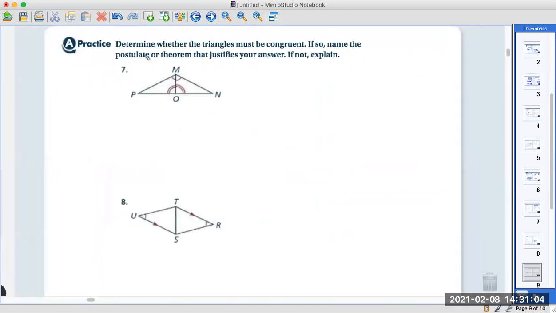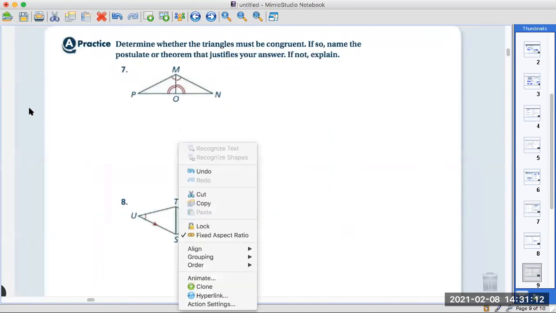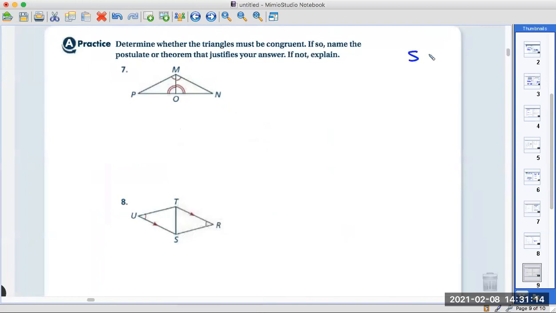So it's asking, determine whether the triangles must be congruent. If so, name the postulate or theorem that justifies your answer. If not, explain. So remember, I'm going to give you a review of which ones are allowed. Side, side, side; side, angle, side; angle, side, angle; and angle, angle, side.